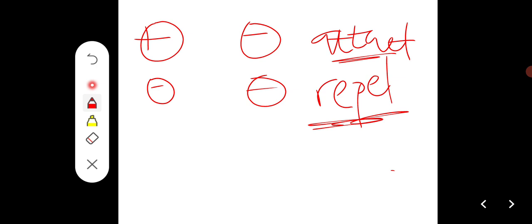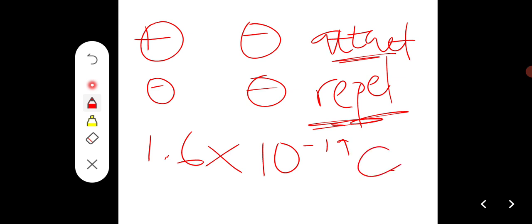As each electron is being transferred, it carries with it an electric charge of 1.6 times 10 to the power negative 19 coulomb.